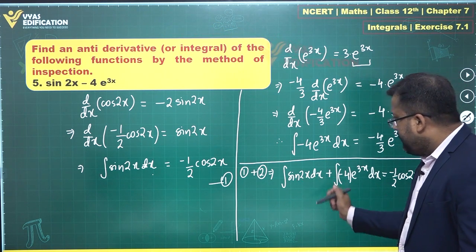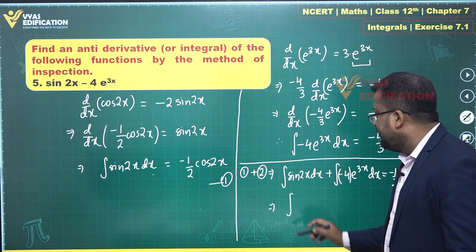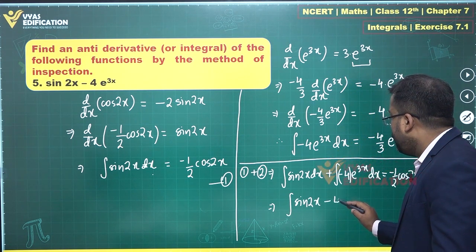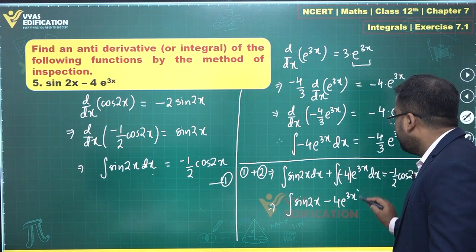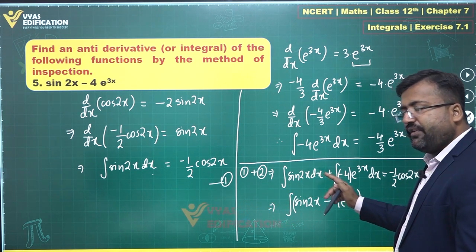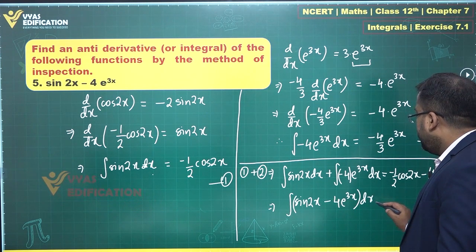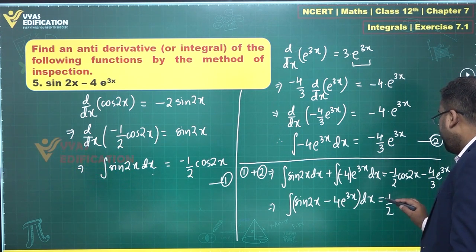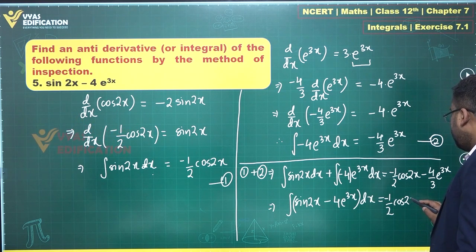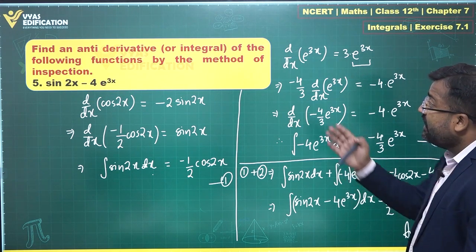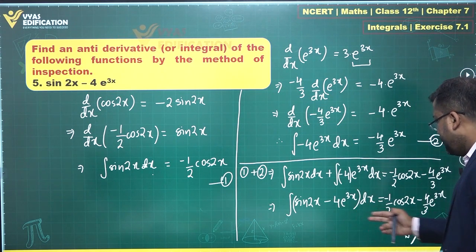Yes, we can combine these two integrals, and that tells me that the integral of f x plus g x dx, with sine 2x minus 4 e power 3x, is equal to half with a minus cos 2x minus 4 by 3 e power 3x, and yes, that is one of the antiderivatives or integrals of this function.